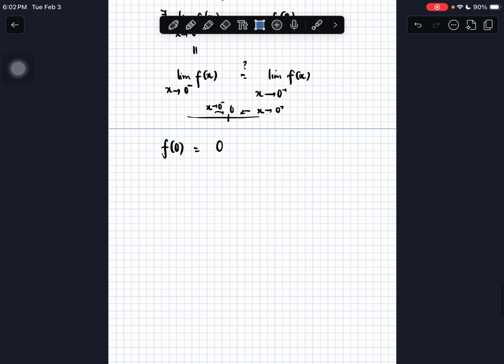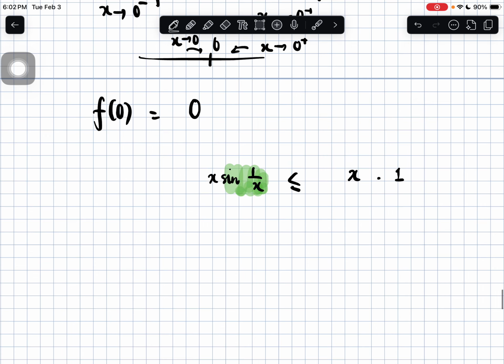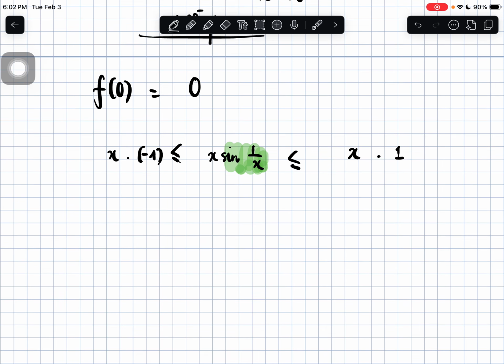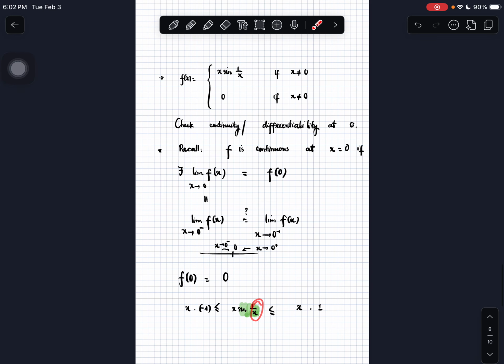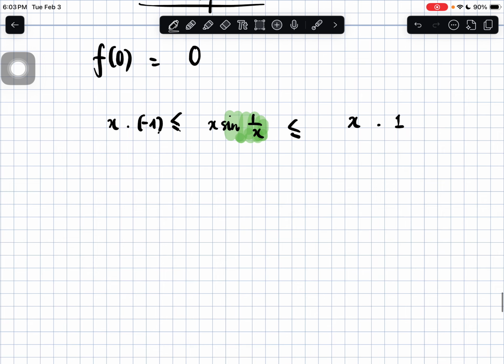So in this case, we have f of x equal to this, which is less than or equal to x times 1. Sine of whatever is here, 1 divided by x, is always less than or equal to 1 and bigger than or equal to minus 1. So for all values of x different from 0, it's defined by this formula, and this formula is always less than or equal to x and bigger than or equal to minus x.